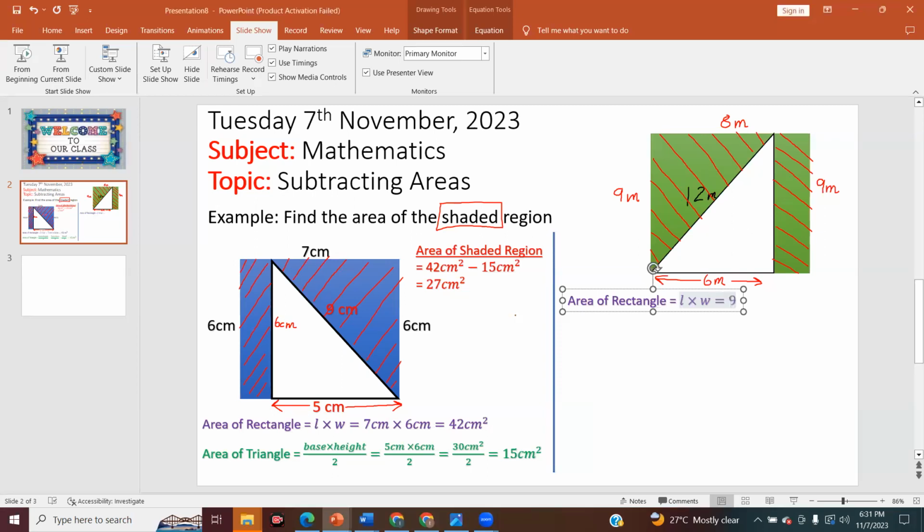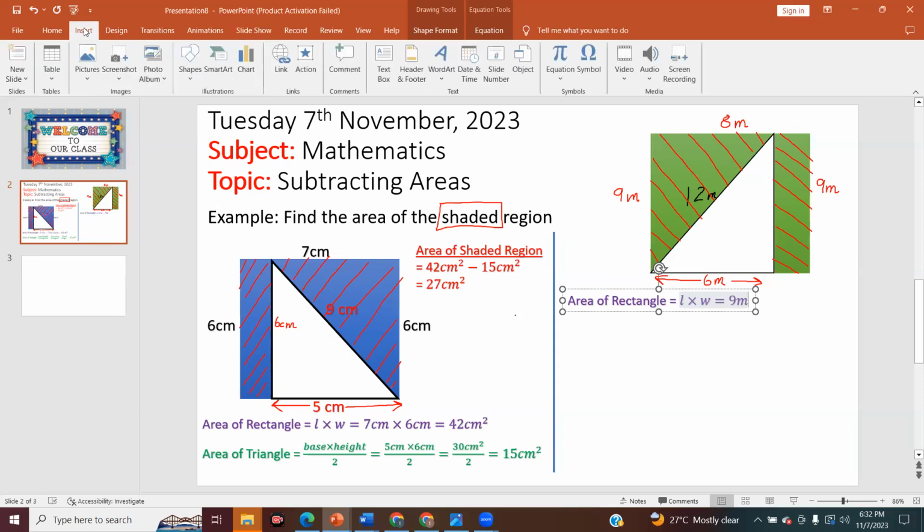And what is going to be the width? 8 meters. And when we do 8 meters multiplied by 9 meters, what is the result? 72 square meters. Meters squared. Very good. So 72 meters squared.